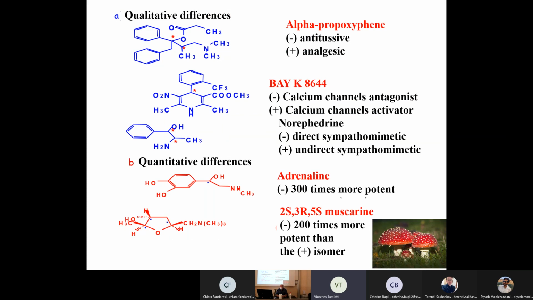Muscarine is a potent agonist. Now we use this compound, we investigated a lot of nicotinic agonists and muscarinic agonists to treat Alzheimer's disease. Because you know, a patient with Alzheimer's disease has a big loss of neurons.